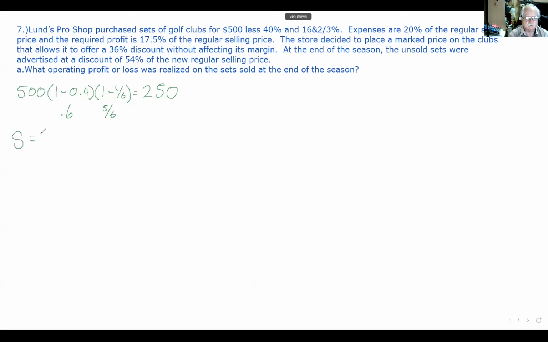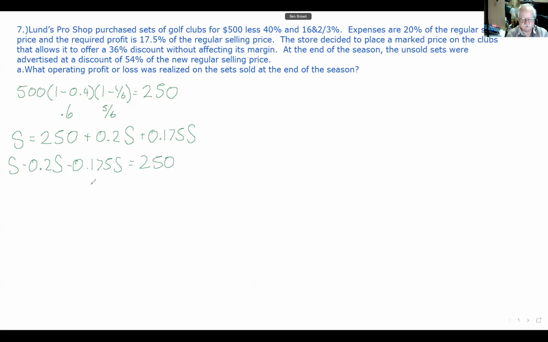S equals cost of $250 plus 0.2 times S plus 0.175 of S. So S minus 0.2 S minus 0.175 S equals 250.